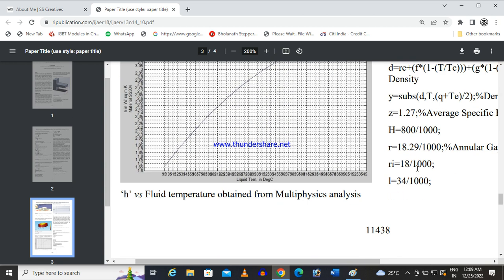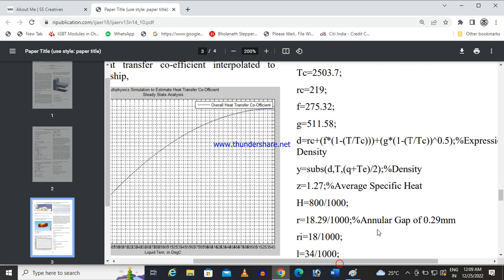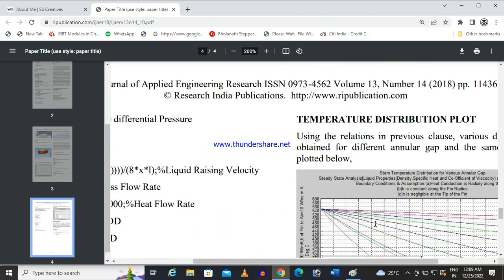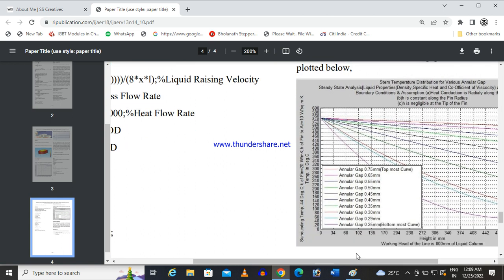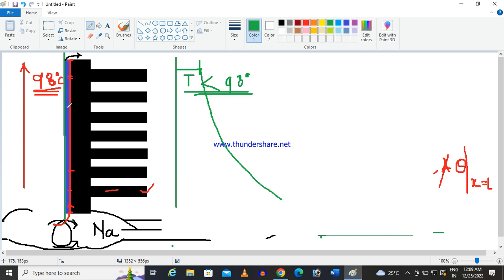These are some calculations we have used; this is the coding in MATLAB to find out all these things. Another thing is the annular gap. It is quite obvious that if your annular gap is high, your sodium will flow and rise very quickly.